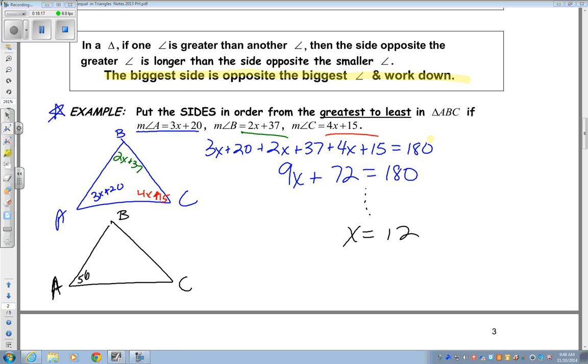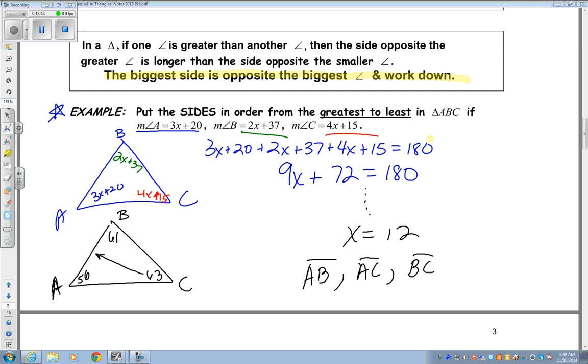And then B, and then C, 63. Okay, so now we can determine our sides from greatest to least, which is our biggest side. AB, hopefully, because angle C is our biggest angle. So it goes AB, then AC, then BC.